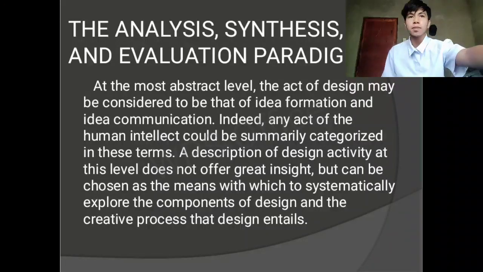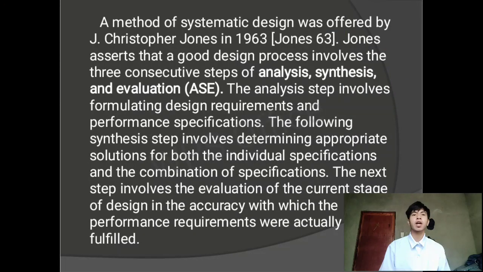Then, this is the historical background. A method of systematic design was offered by J. Christopher Jones in 1963. Jones asserts that a good design process involves the three consecutive steps of analysis, synthesis, and evaluation. So, ASE.